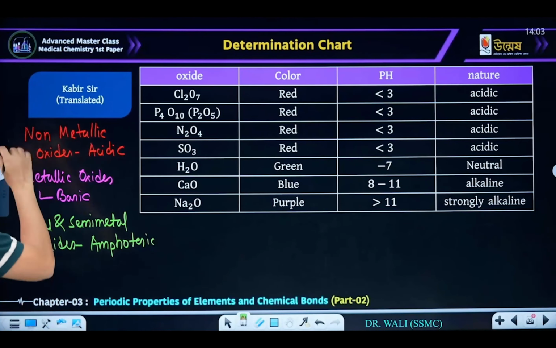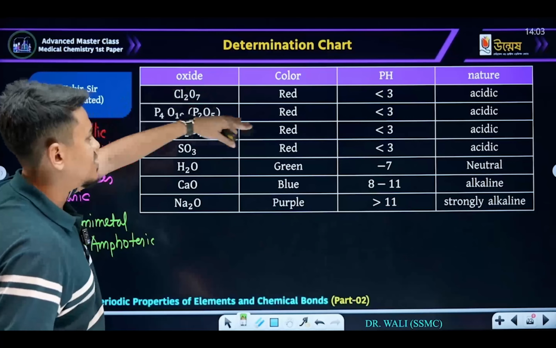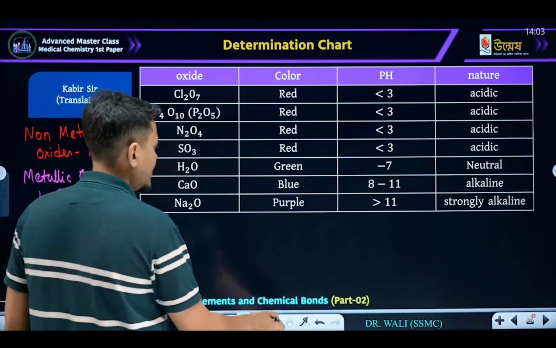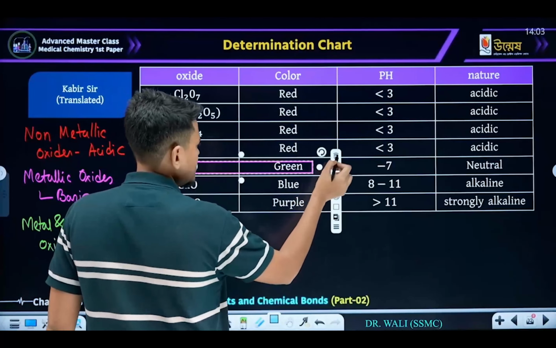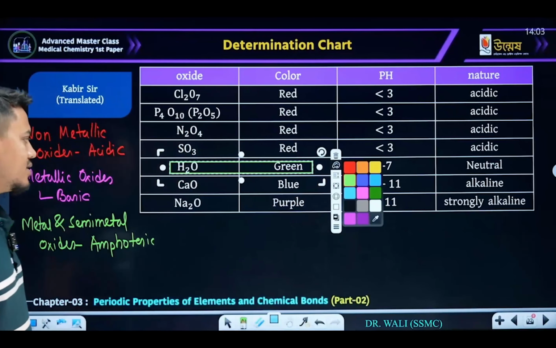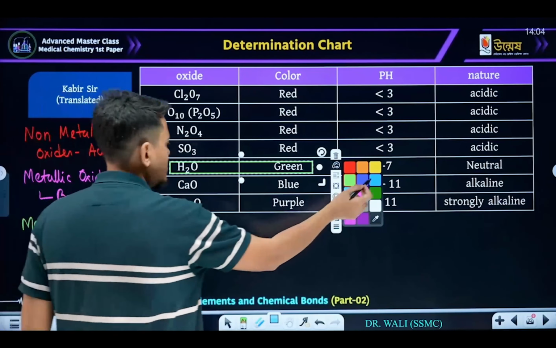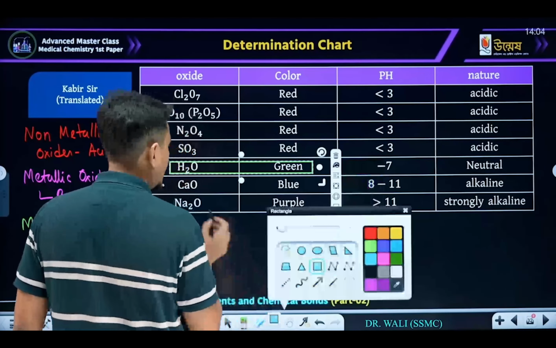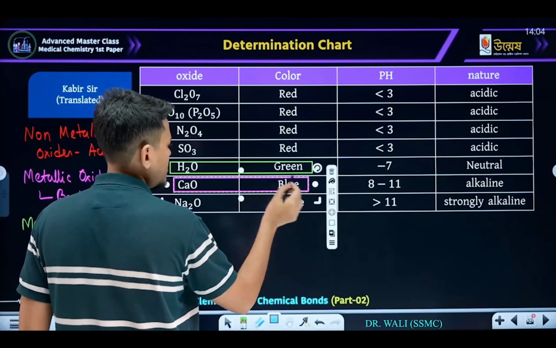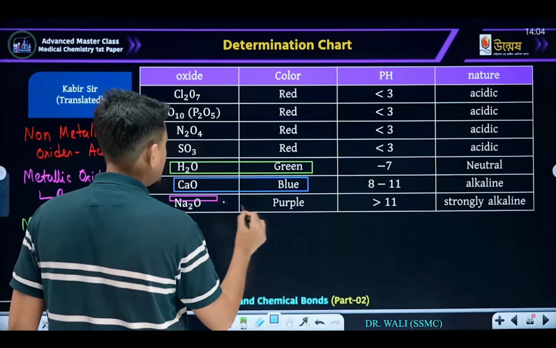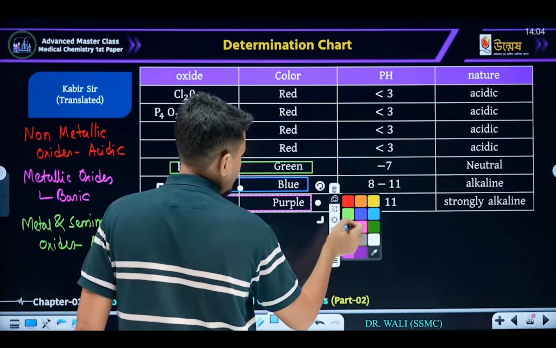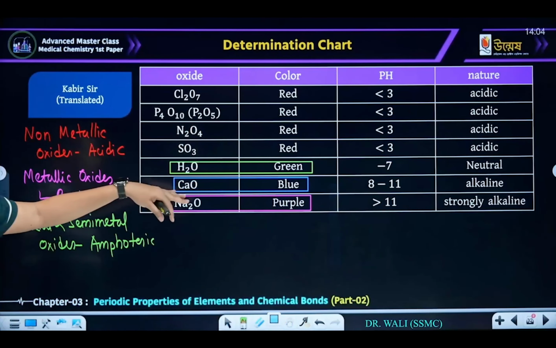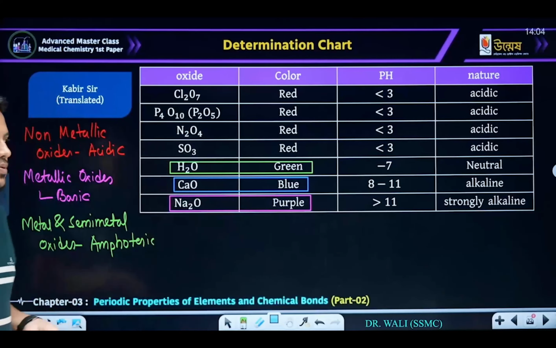Now, if we know about this, we can easily guess that the non-metallic oxide would show red color. Again, water is a neutral oxide, so it would show green color. And calcium oxide, sodium hydroxide would show a different color because of their basicity. It would show blue color. On the other hand, sodium suboxide would show purple color. With this we can remember the pH range of such compounds.